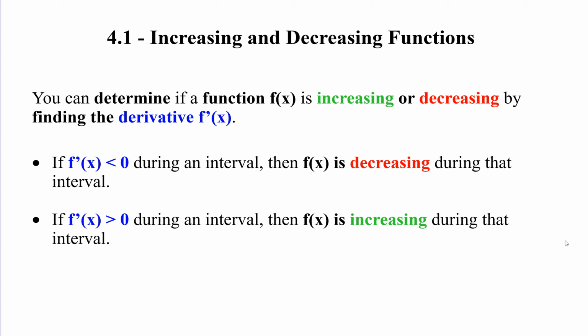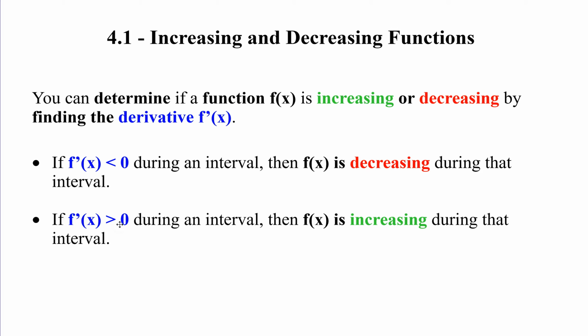the derivative, f prime of x, and then choosing a point or an interval on f prime of x and finding its value. If you find that f prime of x is less than 0, or negative, then f of x is decreasing on that same interval.